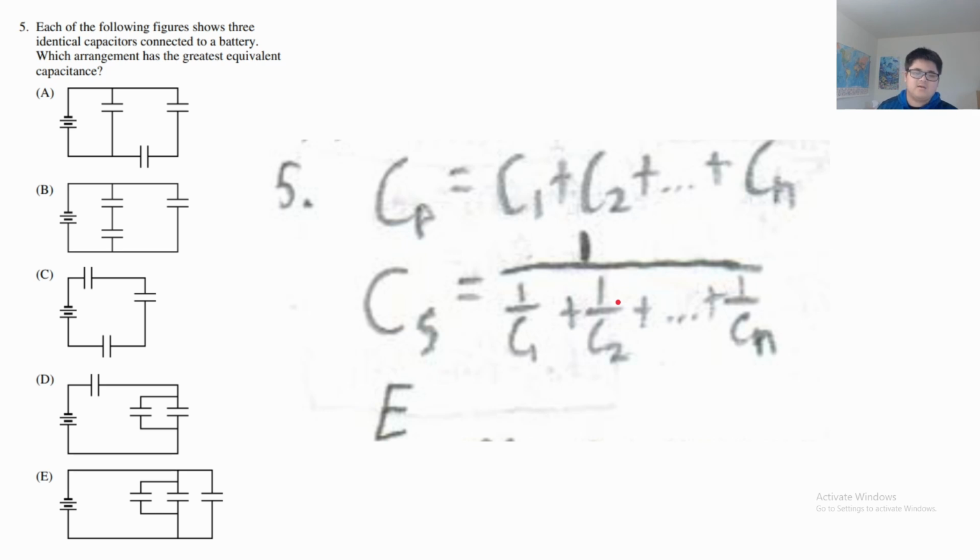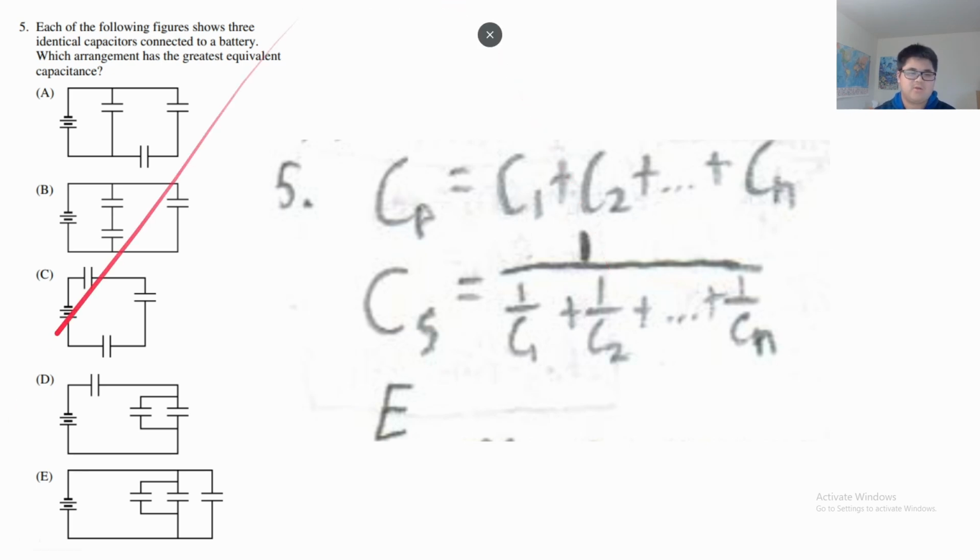So now when it comes to parallel and series capacitors, it's always true that 2 capacitors in parallel have greater equivalent capacitance than if the 2 capacitors were in series. Because if you solve this, you'll see that no matter what the capacitance of the 2 capacitors are, placing them in parallel would always result in a greater equivalent capacitance than if they were in series.